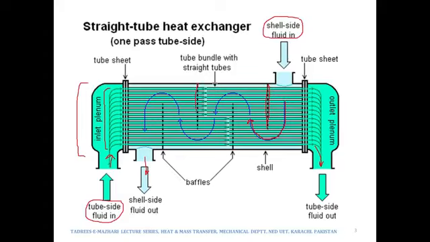So there is a restriction of flow. The fluid cannot move in this particular direction because of this restriction. So it will flow downwards and then of course upwards and then downwards, because there is a second baffle over there, and then a third baffle, and then a fourth one.